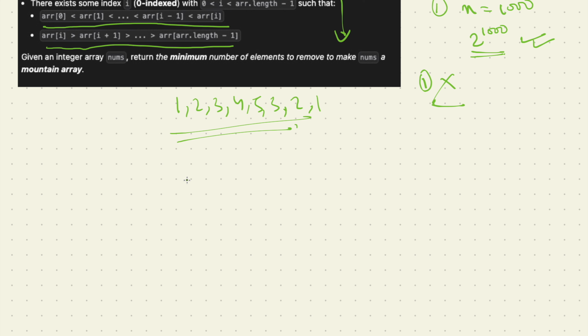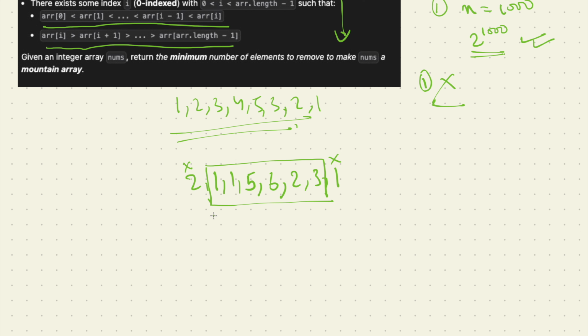Suppose we are given this array, and we can easily identify that a mountain can only be in this range. We cannot have a peak over here and we also cannot have a peak over here. It can only be in this range.